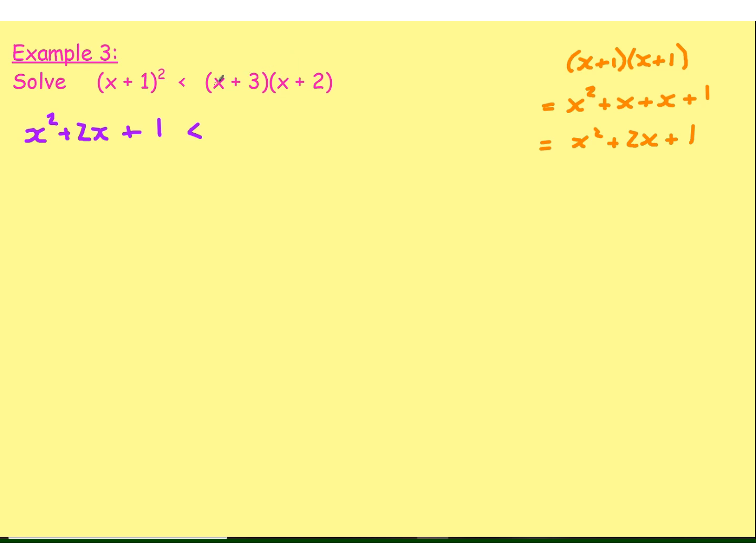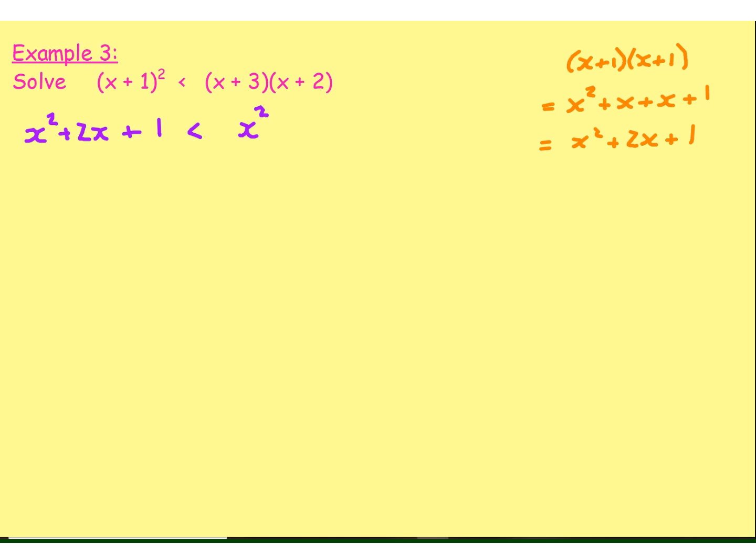But for this side here, I'm going to have to use FOIL because that's not a squared bracket. It's two separate brackets, so I'm just going to have to go ahead and use FOIL. Your teacher might call it something different, you might have a different technique, but we use FOIL, or eyebrows and chins, some teachers say rainbows and smiles.